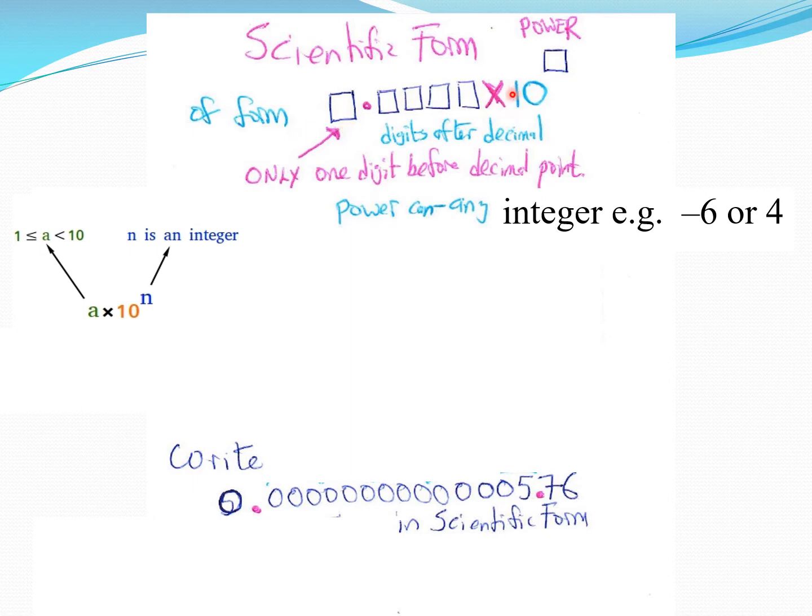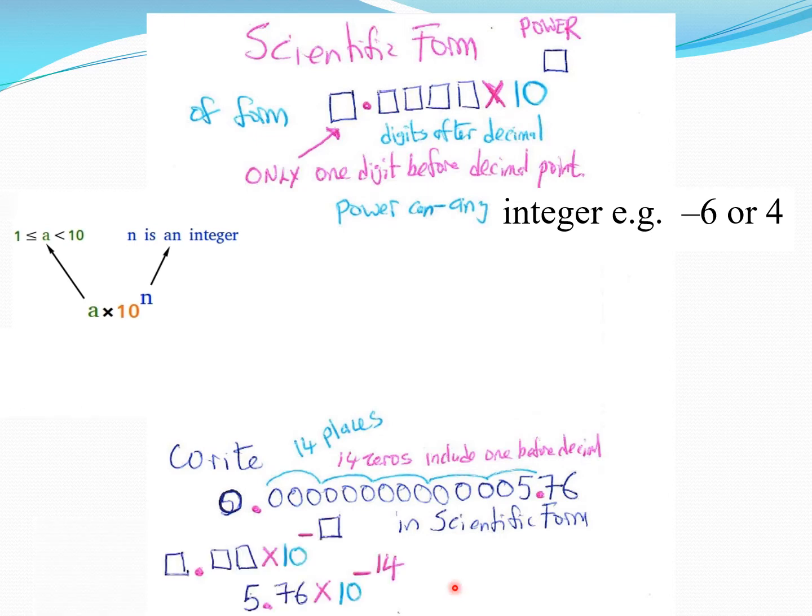So 5.76, and we'll count the places that we moved. The decimal place got moved 14 places, or another way to view it, we had 14 zeros, counting the one in front of the decimal point. So in scientific notation, it's going to be 5.76 by 10 to the power of, and this is a number that's much less than 1, so the power is going to be negative: 10 to the minus 14. So there we are.